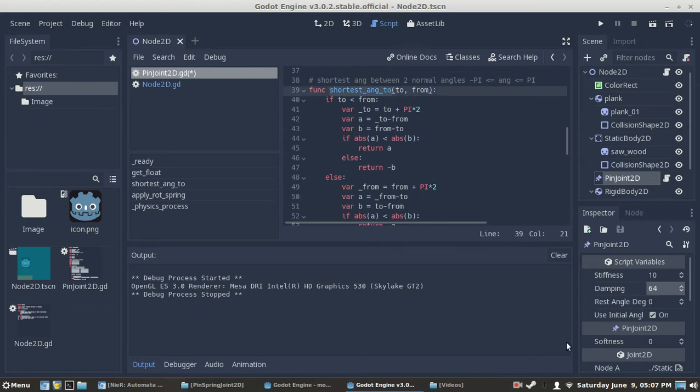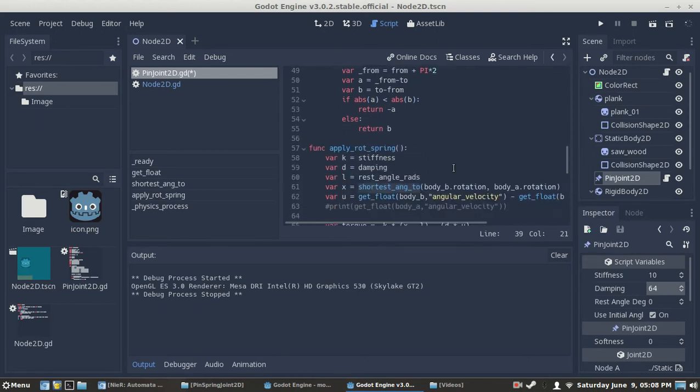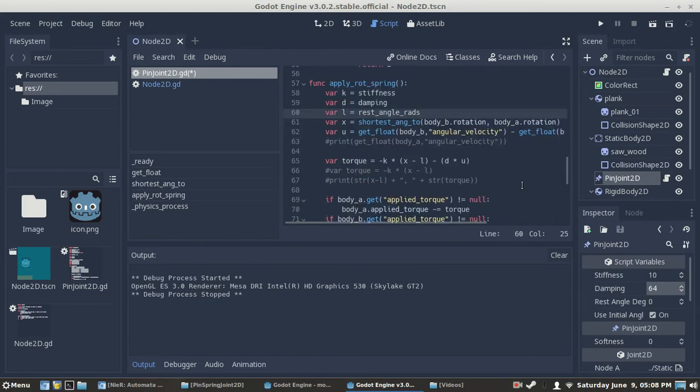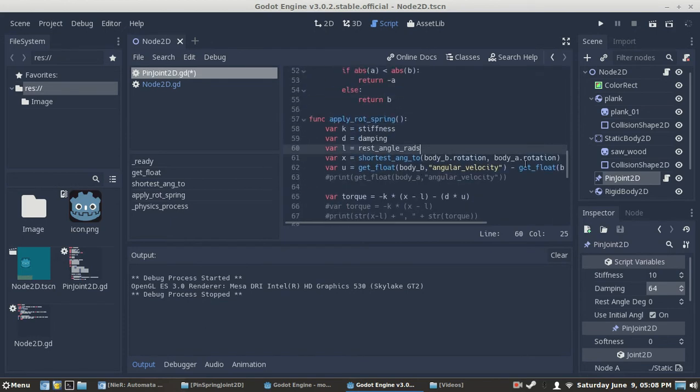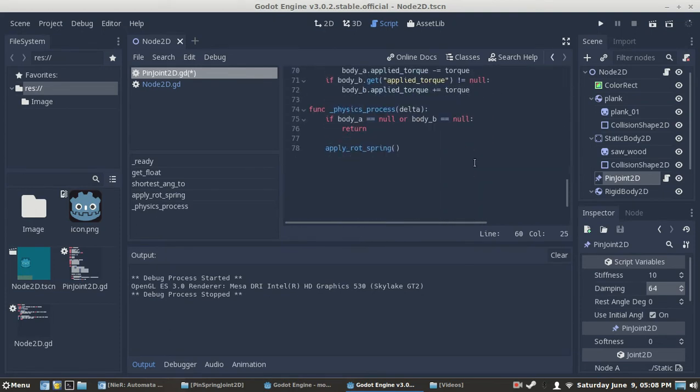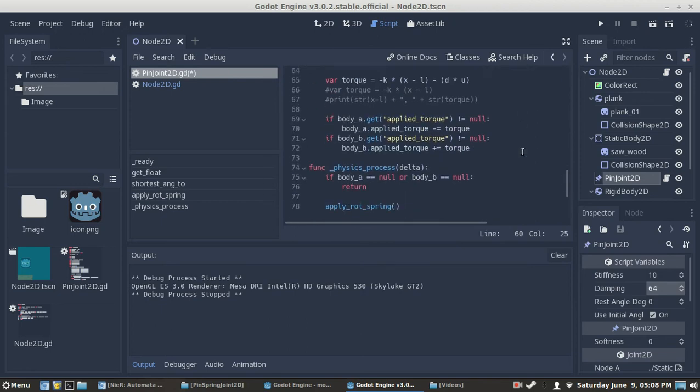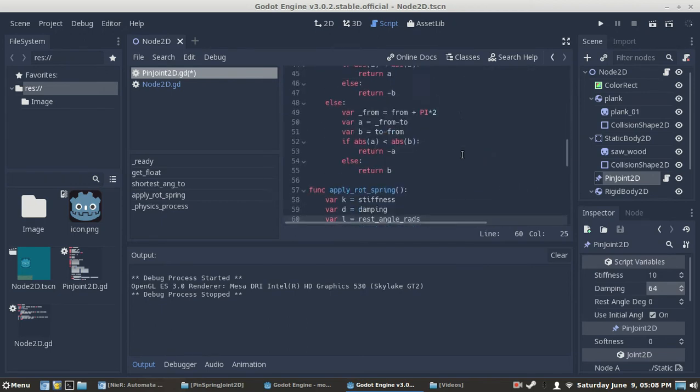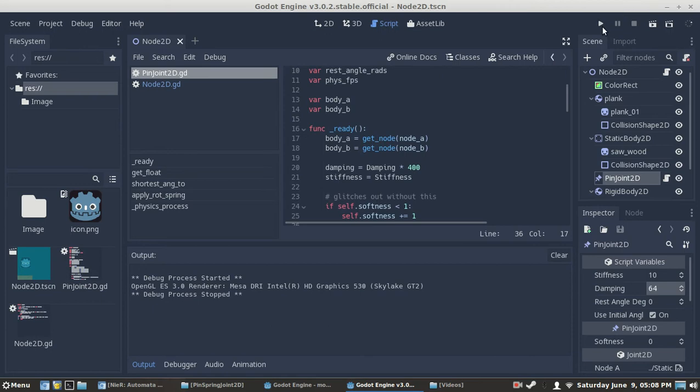When I'm calculating which way it should spring, instead of just doing body B minus body A rotation, you can find the shortest angle to it, and that way you find the smartest way to spring. It doesn't have multiple twists, but it works just fine and doesn't have the problem of position drift. I think that's all I need to change.